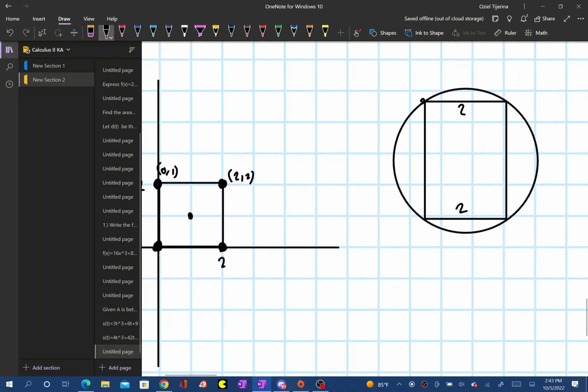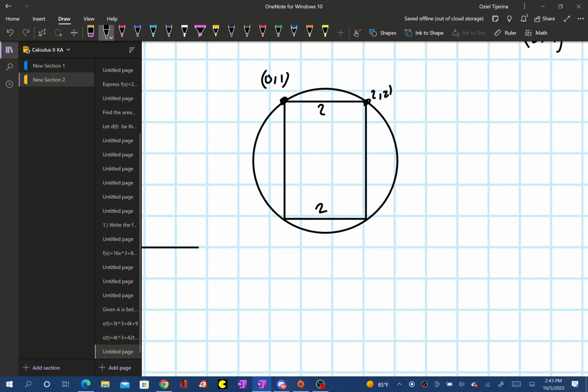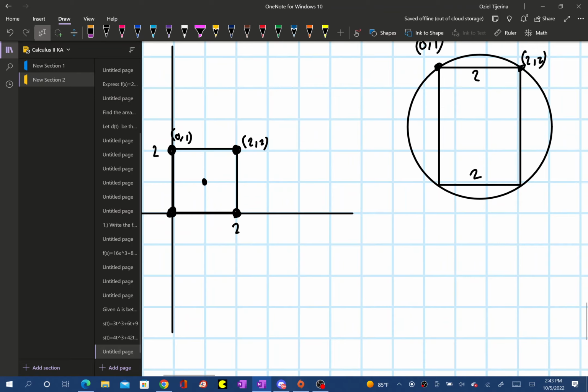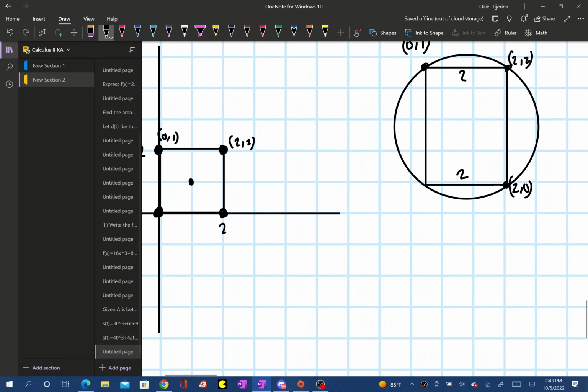Those are going to be points on the circle. So 0, 1, here's 2, 2, and then the other 2 points are going to be at 2, 0. This is not drawn to scale, by the way, but I'm just making an estimate. So like 2, 0, and then this one would be at 0, 0.